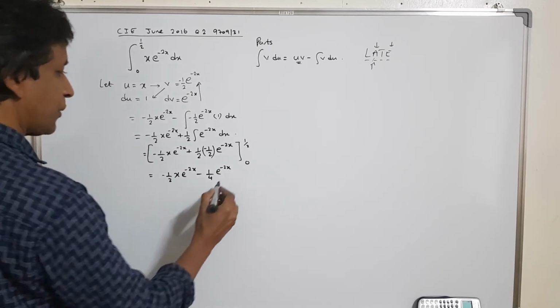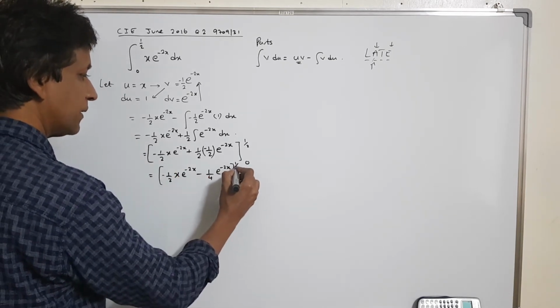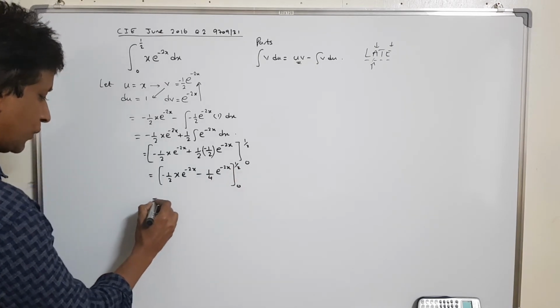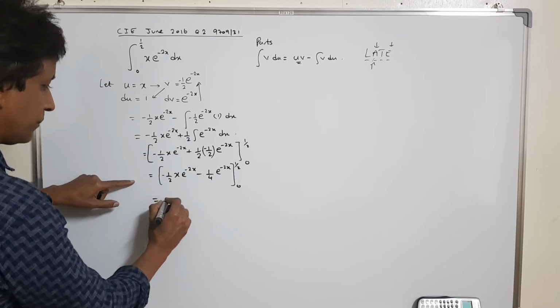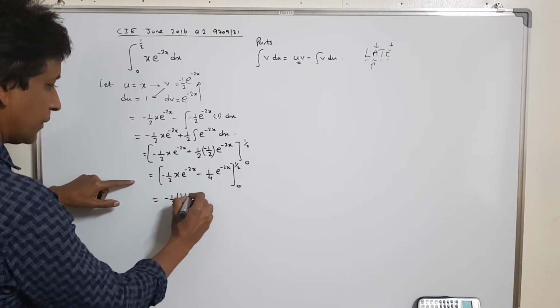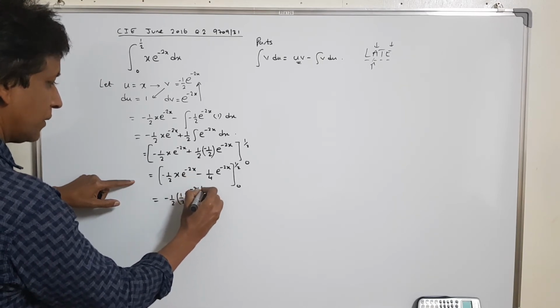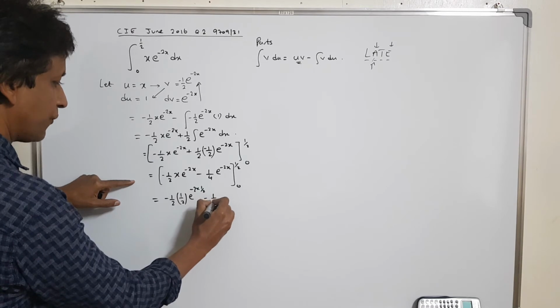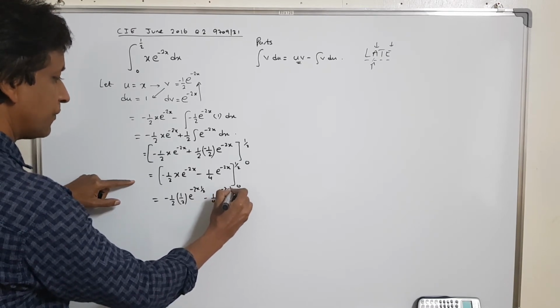Good, so now from here, again, let's apply the limits. So what we're saying is that this is half, so I'm going to put half here: minus half times half, e to the minus 2 times half, minus a quarter e to the minus 2 times half.